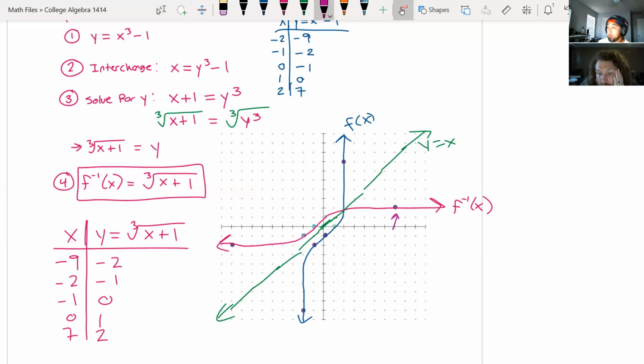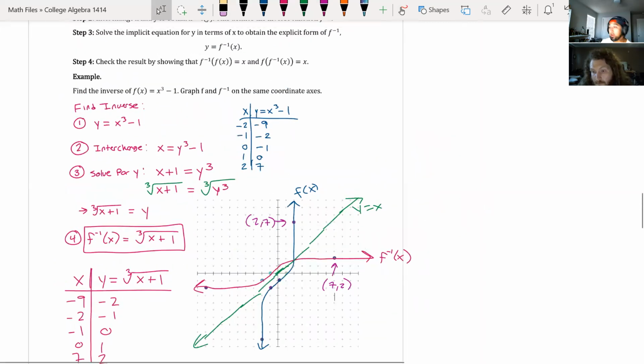So if this point is 7, 2, and I reflect it over here, what is this point? 2, 7. That's it. Same with all the other ones, right?